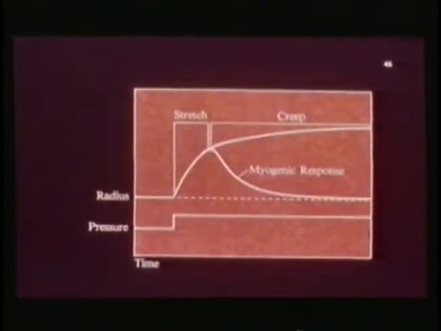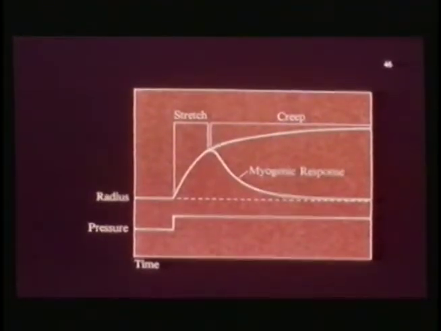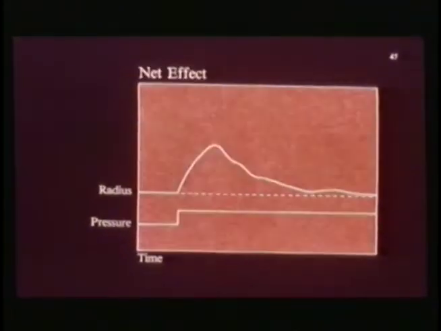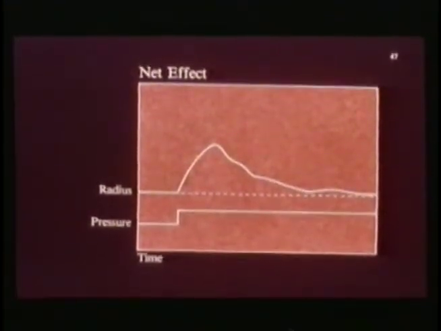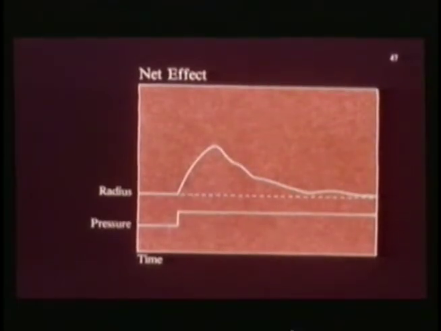Creep results in a slow elongation, and the myogenic response results in a relatively slow shortening. 47. Since the myogenic response tends to offset creep, the net effect of increasing the intraluminal pressure in blood vessels may be quite variable, depending upon the sum of the two processes.